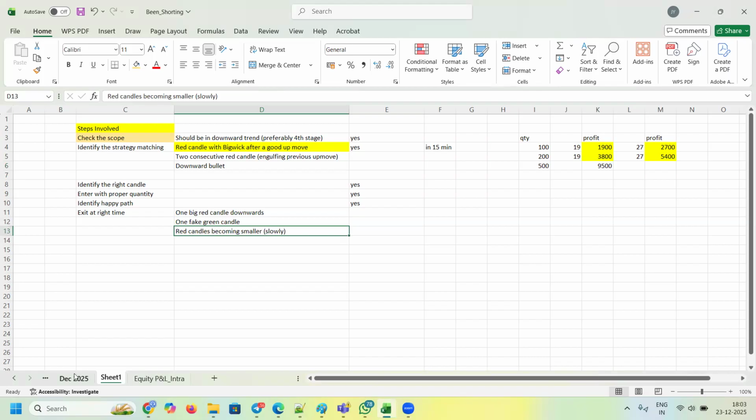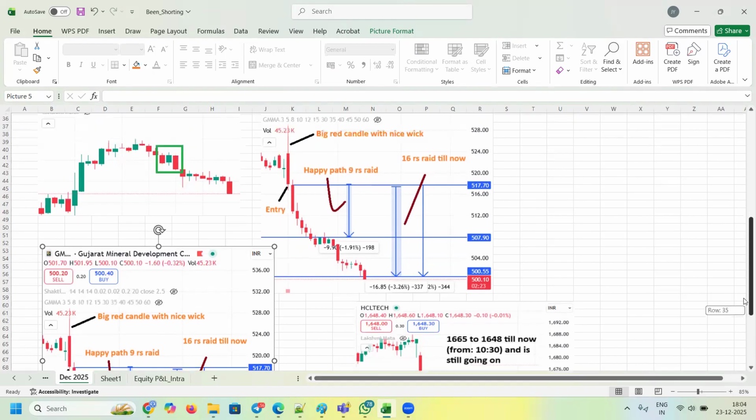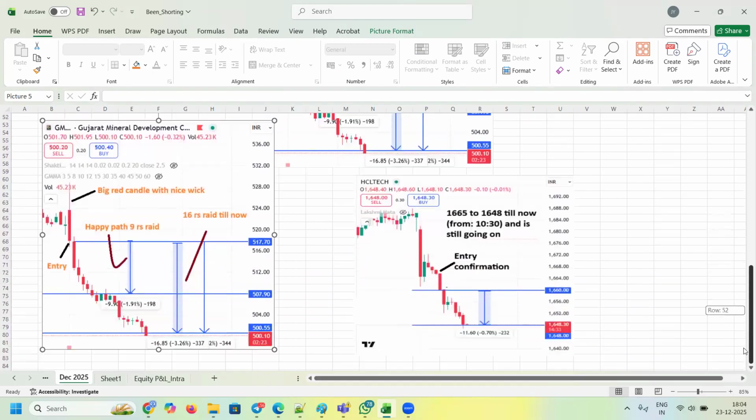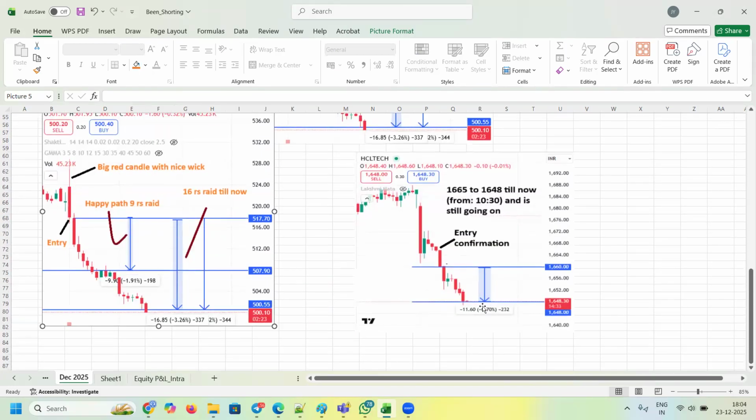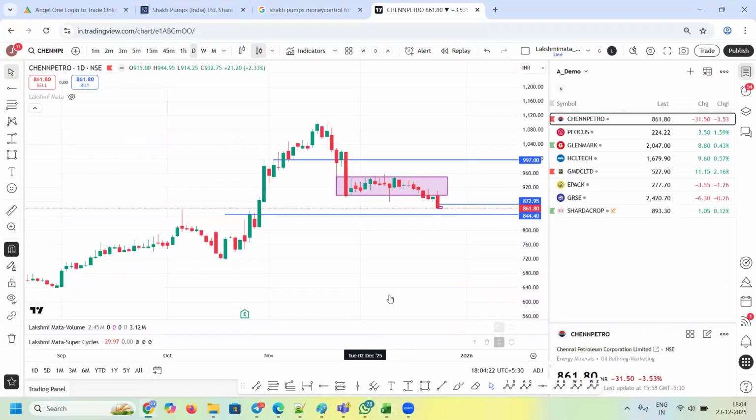So that is our exit criteria, right, ma'am? Correct. See, red candles were becoming smaller. That is also one exit criterion. After the red candles become smaller, you have to realize that your exit time is nearing.